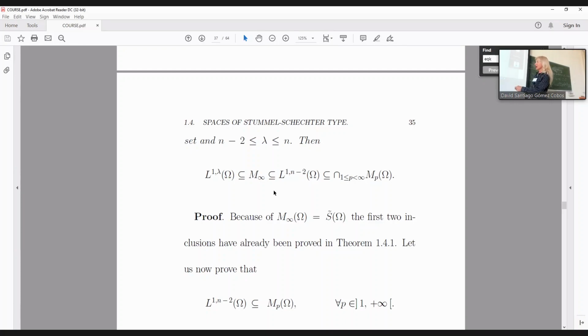This last line is equivalent to the last inclusion, because here we have nothing else than L^{1,n minus 2} contained in M_p for every p, so it is in the intersection. Okay, let us consider p between 1 and plus infinity.